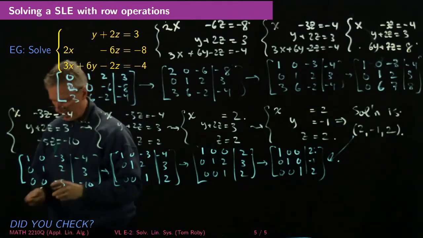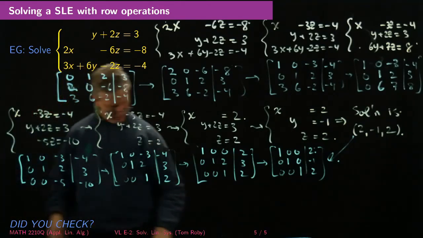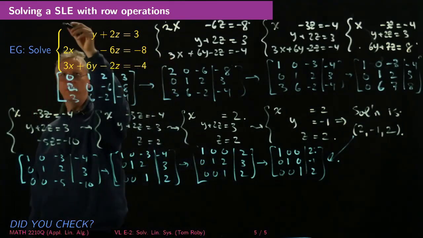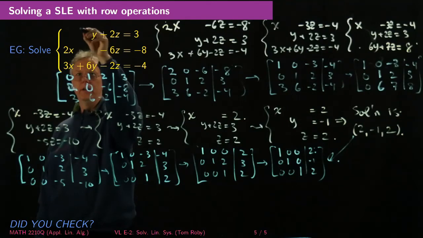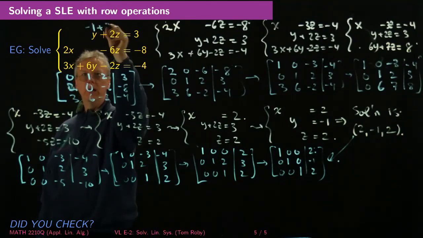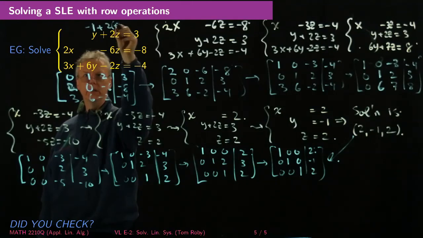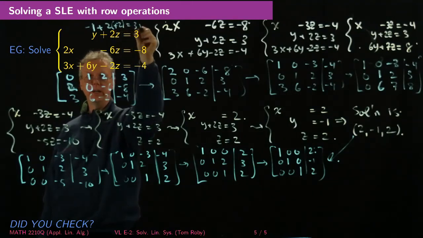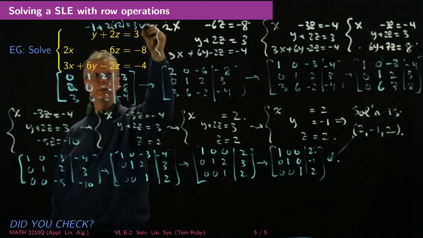Is it true that if I have negative 1 plus 2 times 2, do I get 3? Yeah, that looks good. Check.